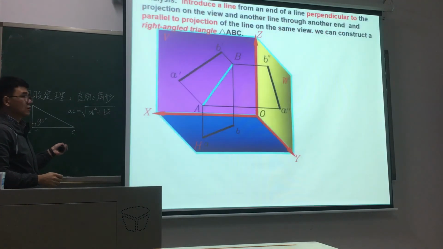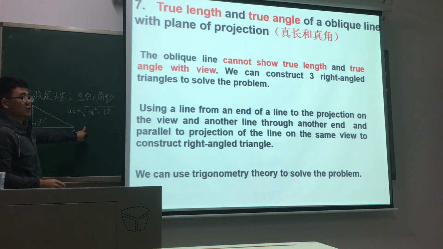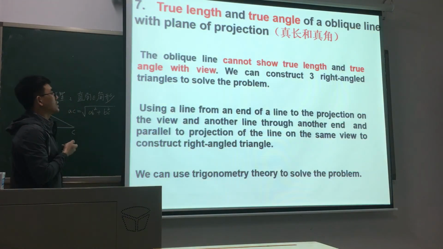That's right, keep this in mind. This is the Pythagorean theorem for right triangles. If you find the right triangle, you can get the length of AC. Therefore, an oblique line cannot show the true length and the true angle with the projection view. Keep this in mind.